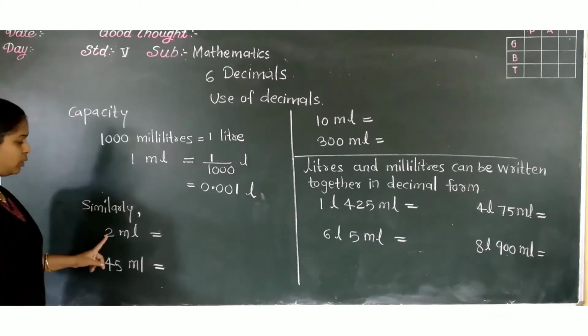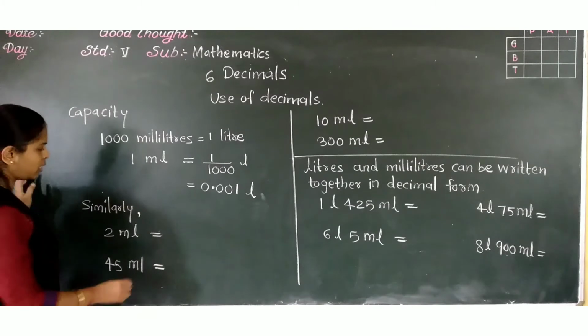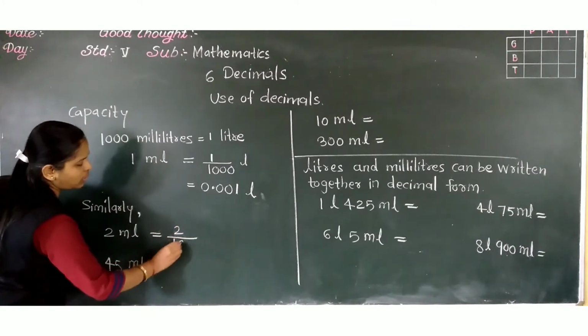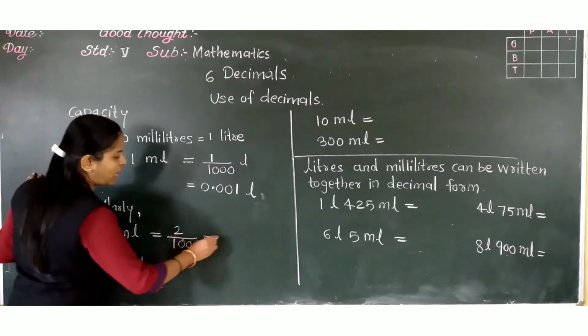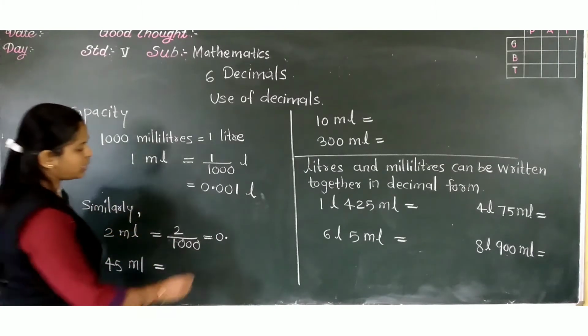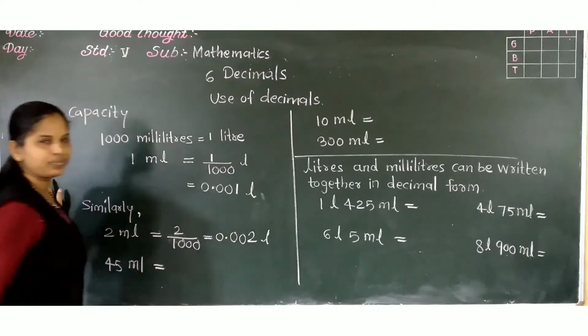Now similarly 2 ml, 2 milliliter is equal to how many liter then? Easy. See, what you have to do? Divide 2 by 1000. That means whole part nothing is there. So 0 point and 2 divided by 1000 is 0.002 liter.